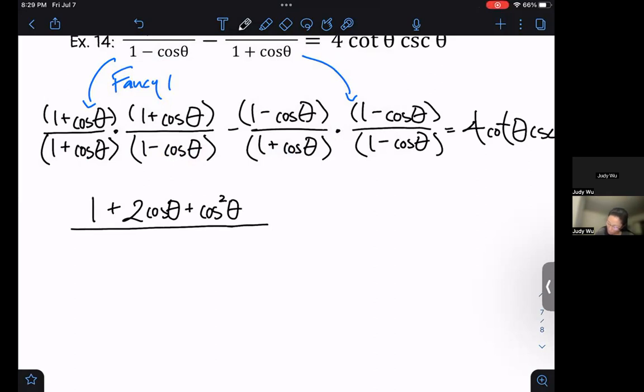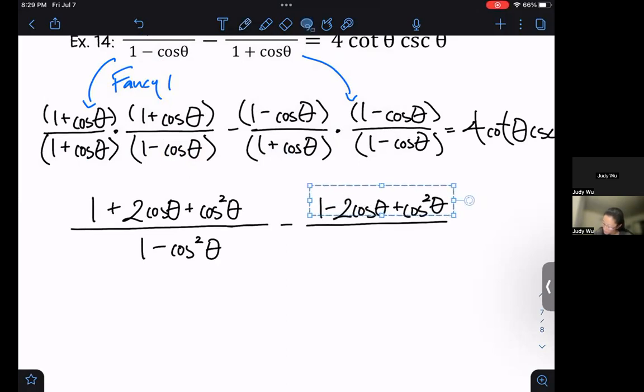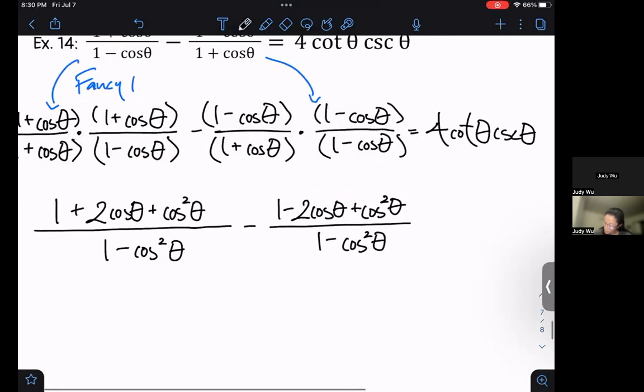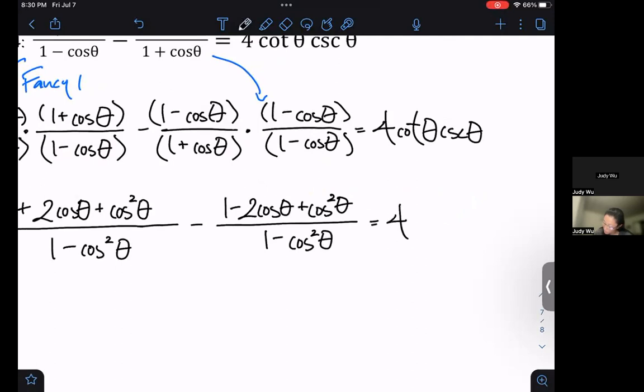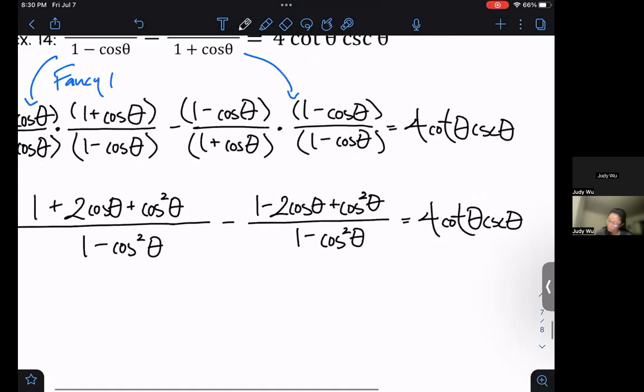I get 1 minus cosine squared theta. Let's talk about that second fraction. 1 minus 2 cosine theta plus cosine squared theta. And then in the denominator, 1 minus cosine squared theta, and that equals 4 cotangent theta cosecant theta.